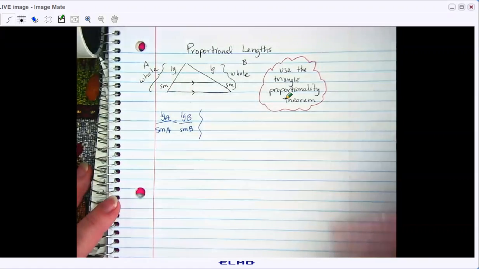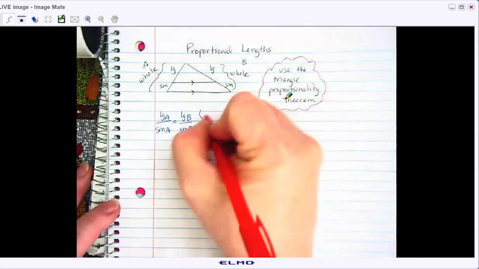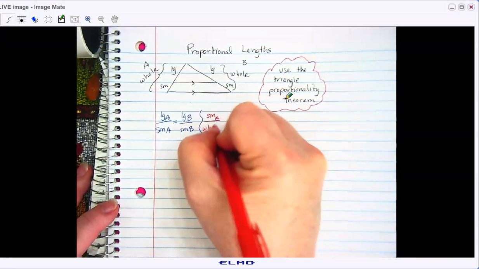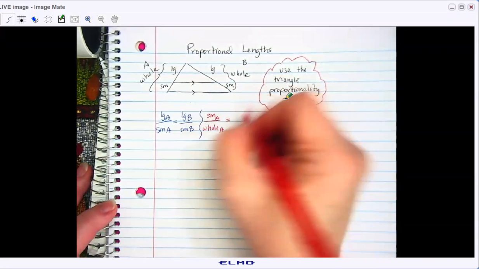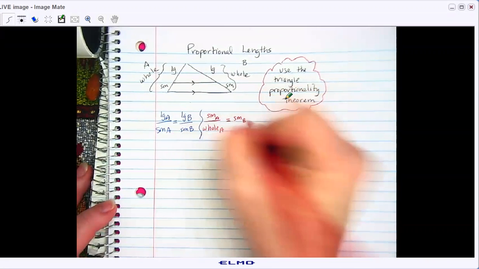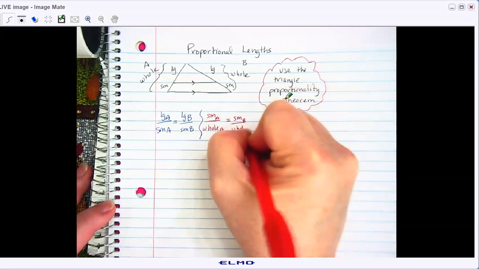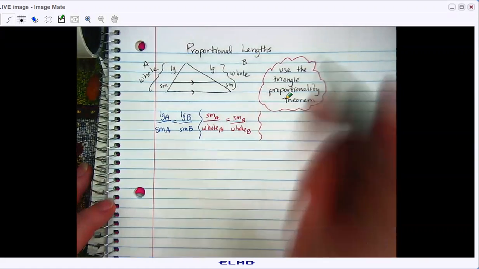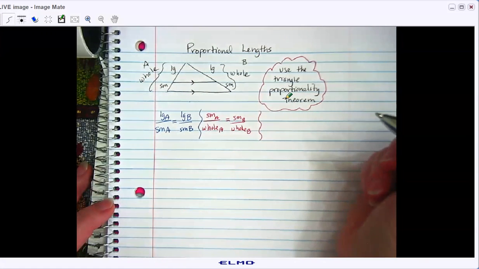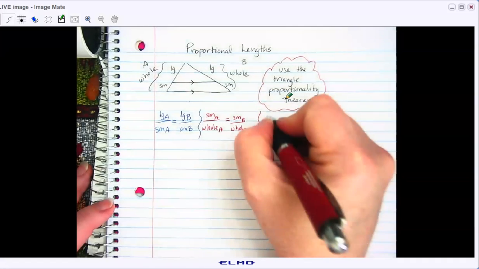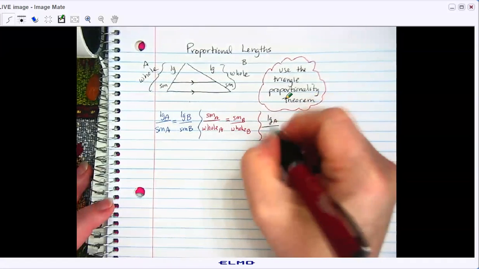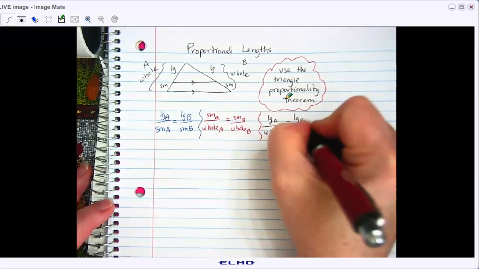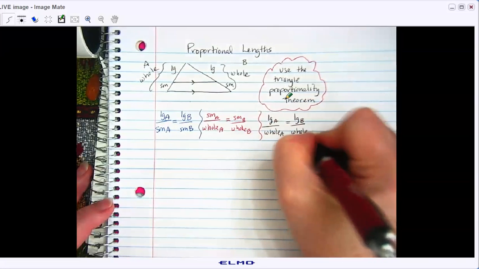The other one that I can use is the small part of A over the whole part of A. I can set that equal to the small part of B over the whole part of B. And I could do the same thing with the large part. I can do the large part of A over the whole part of A is equal to the large part of B over the whole part of B.